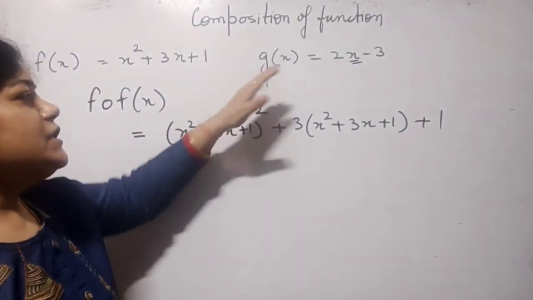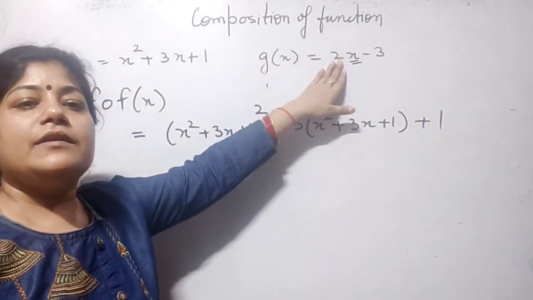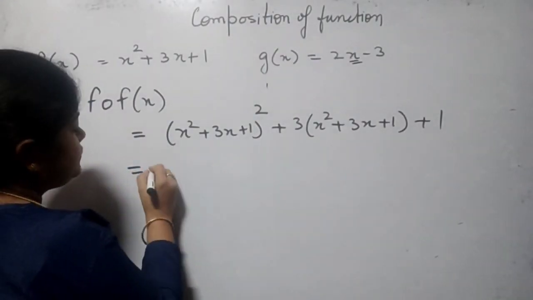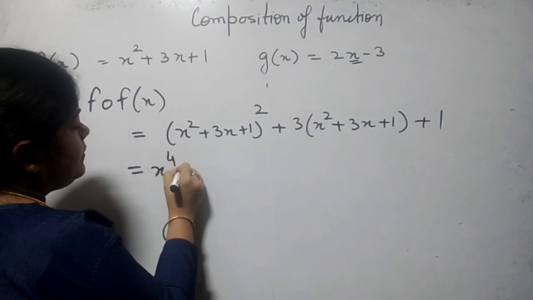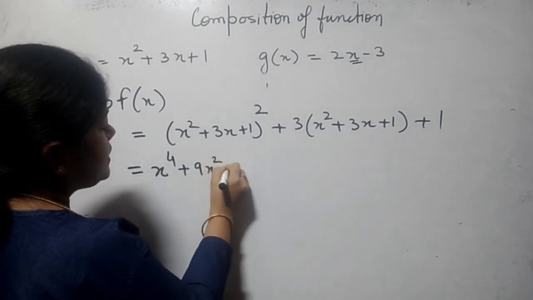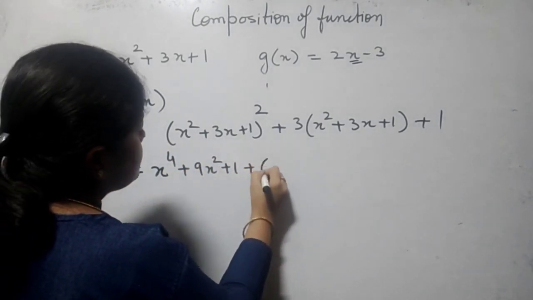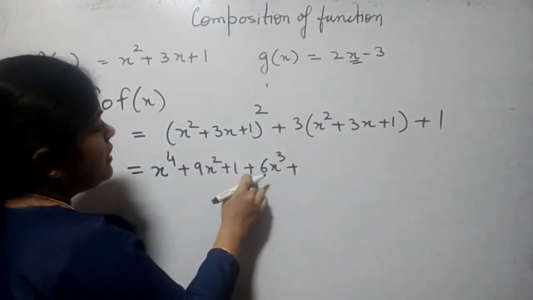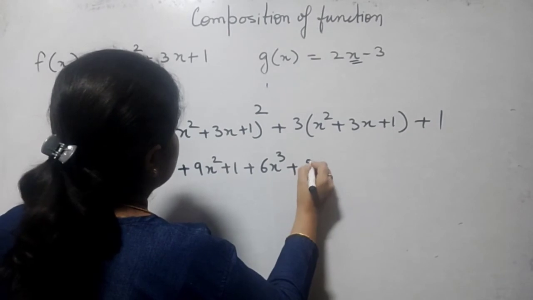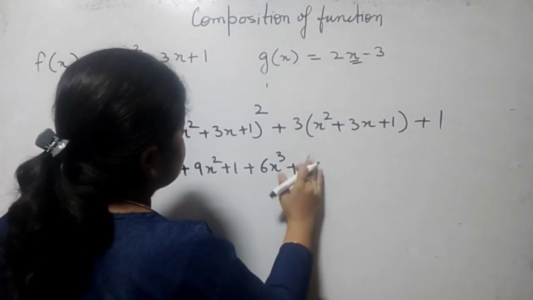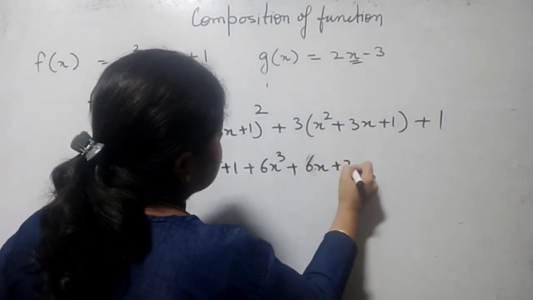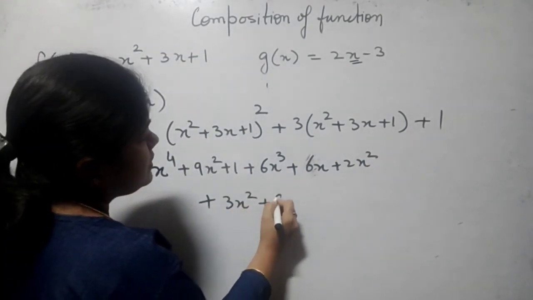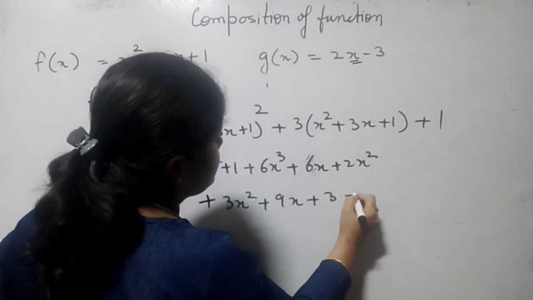If it is GOG, that means the value of g put again in the function g(x). So when we solve, we get x to the 4 plus 9x square plus 1 plus 6x cube plus 2 6x plus 2x square plus 3x square plus 9x plus 3 plus 1.